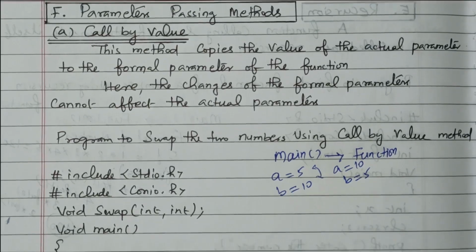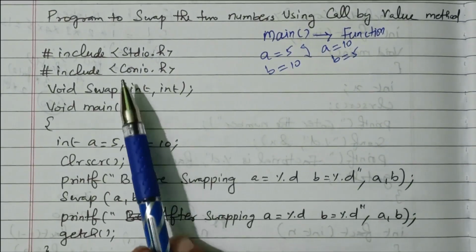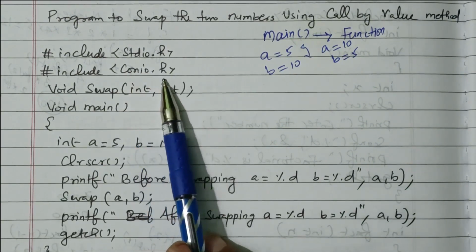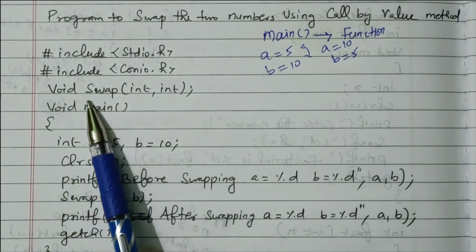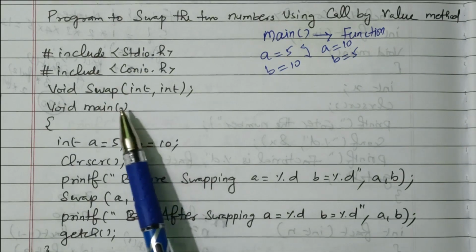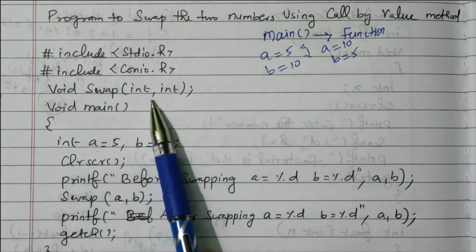Now first we need to include the header file, stdio.h, the standard input output header file, console input output header file. Before the main program, we need to declare the function. This is called function declaration. It contains three things: the name of the function, the return type, and the arguments.